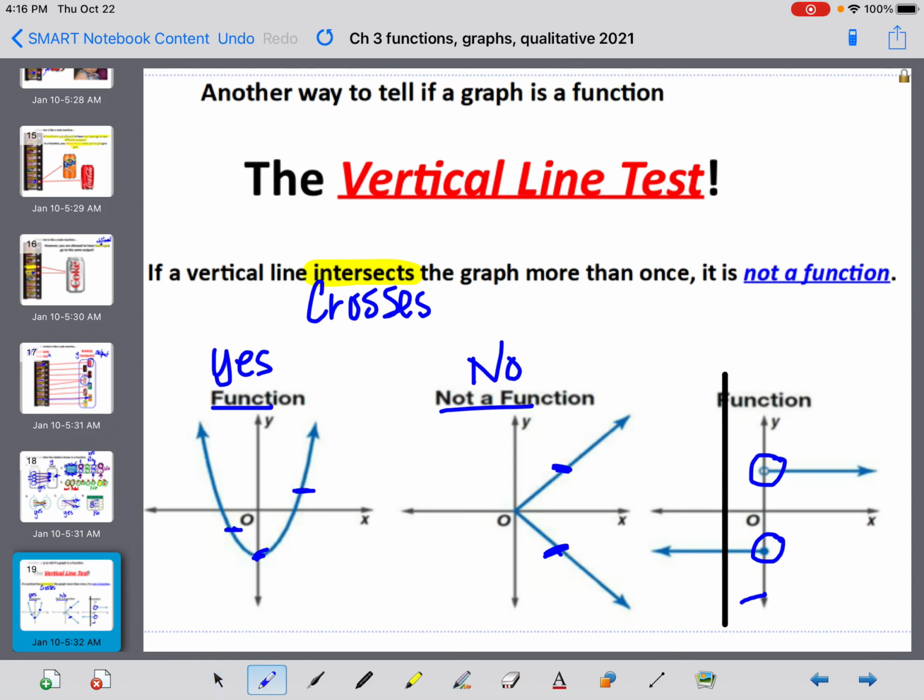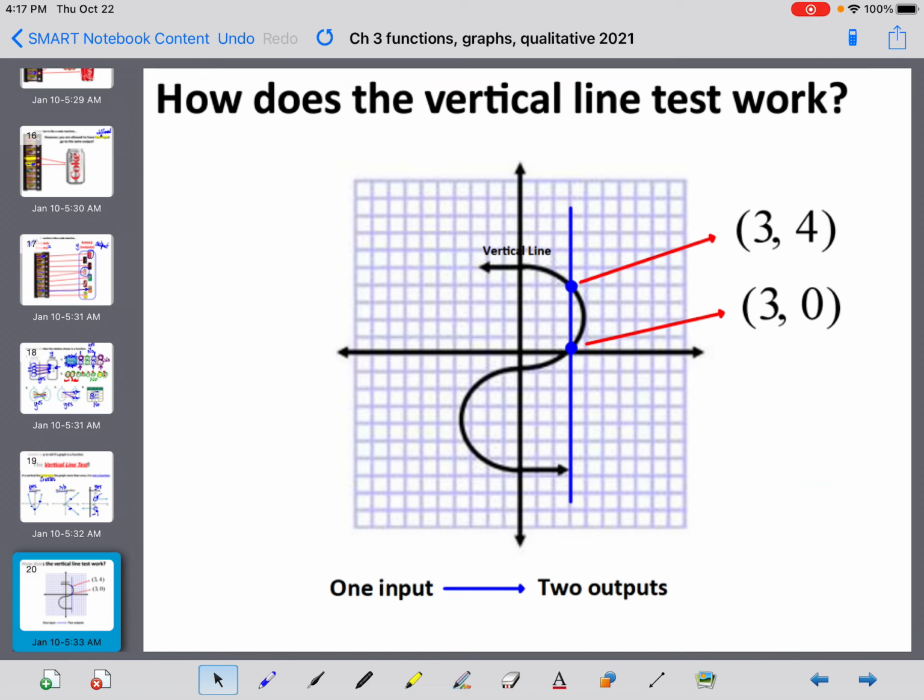So this graph is not included up here where there's an open circle, and it is included down here where there's a closed circle. So this one is a function, because right here at this one spot where it looks like it might be touching twice, it's actually not, because I have an open circle up there on the top graph. So we have to be a little bit careful about looking at this.